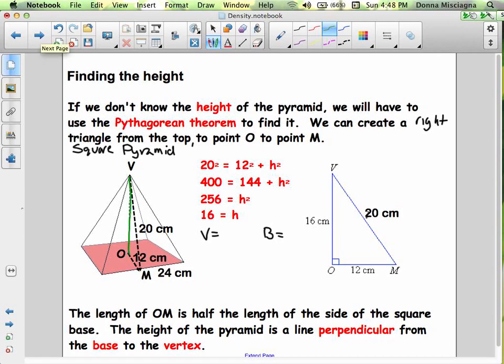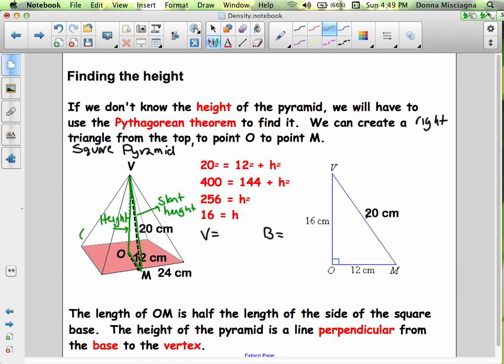So regardless of what kind of pyramid this is, whether it's right or oblique, there is a right triangle that's formed from the height to the edge. And this is actually called the slant height. So this height inside the pyramid is just called the height or the altitude. This is called the slant height.